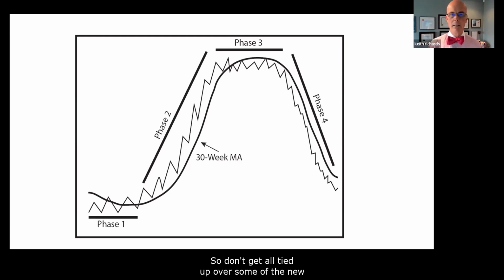So don't get all tied up over some of the new program trading and stuff that you'll hear about. Yes, the program trading messes with your intraday pricing and sometimes gives you a lousy fill on your buy and your sell because they're messing with you during the day. But the longer term trends are dictated by human emotion. So these phases represent the phases of human emotion.